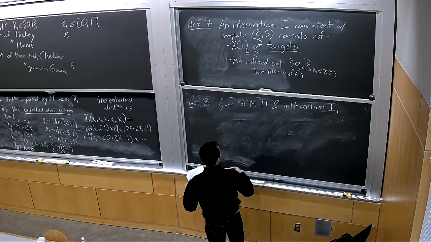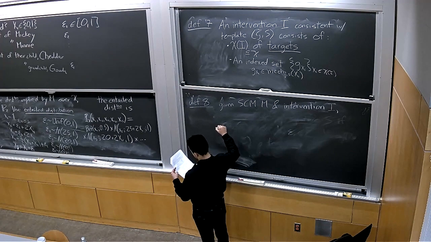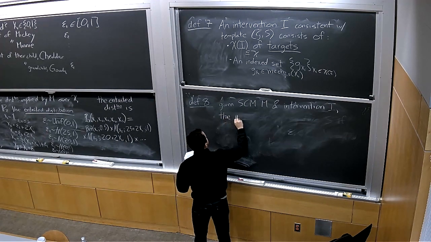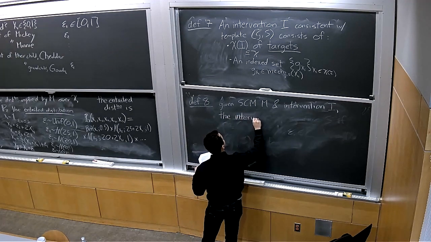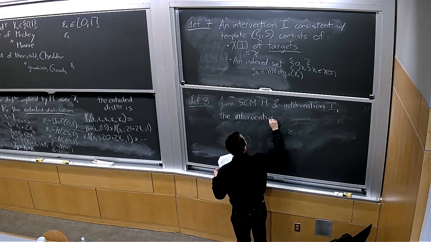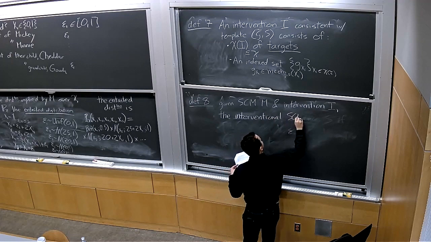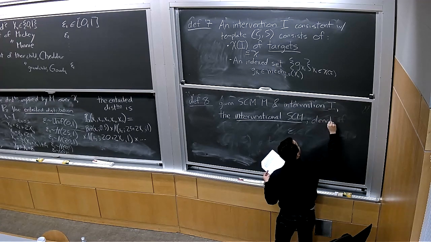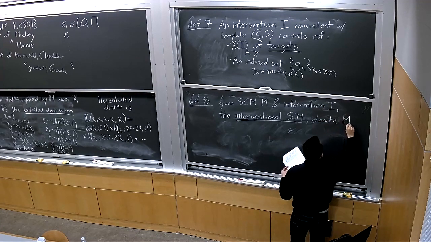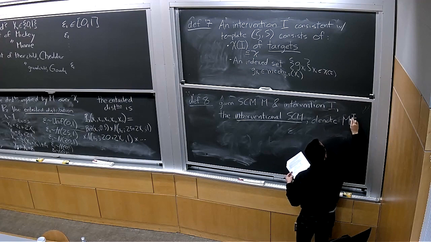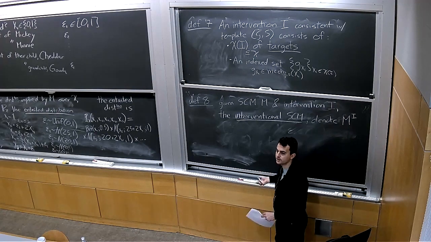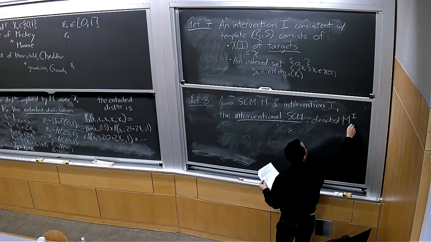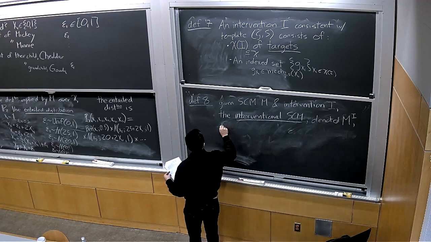And I'm going to get a new structural causal model, which we're going to call the interventional SCM, and denote that by putting the intervention in the superscript of the original thing to get the interventional version of it. And that's just another structural causal model.